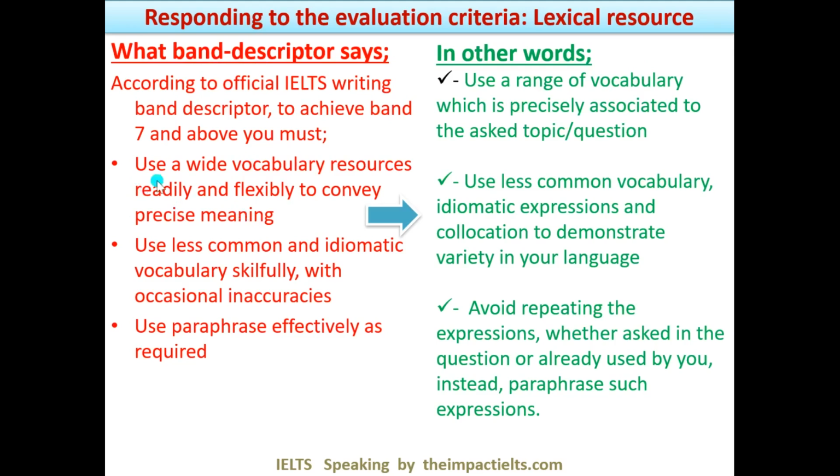The first, they're saying, use a wide vocabulary resource readily and flexibly to convey precise meaning. Now try to understand what they mean by wide vocabulary resources readily and flexibly available. They're simply saying use a range of vocabulary which is precisely associated to the asked topic or question.